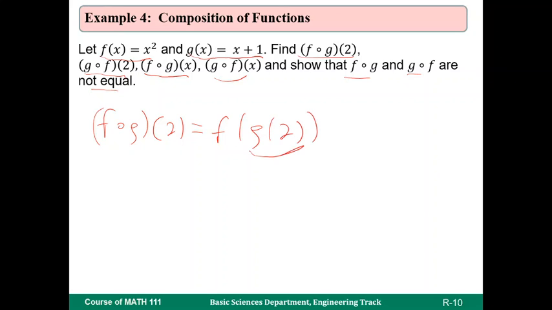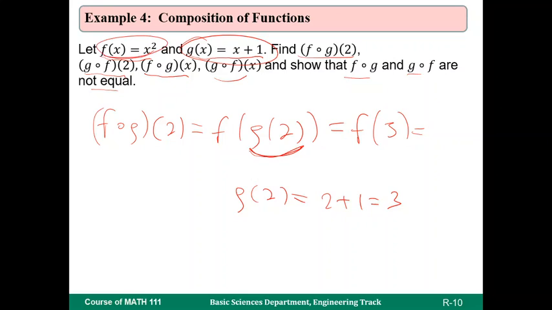First we have to evaluate this. What is g of 2? By using this formula, we get 2 plus 1, which is equal to 3. And we put it here, f of 3. We use this formula, it will be 3 squared, so it will be 9.